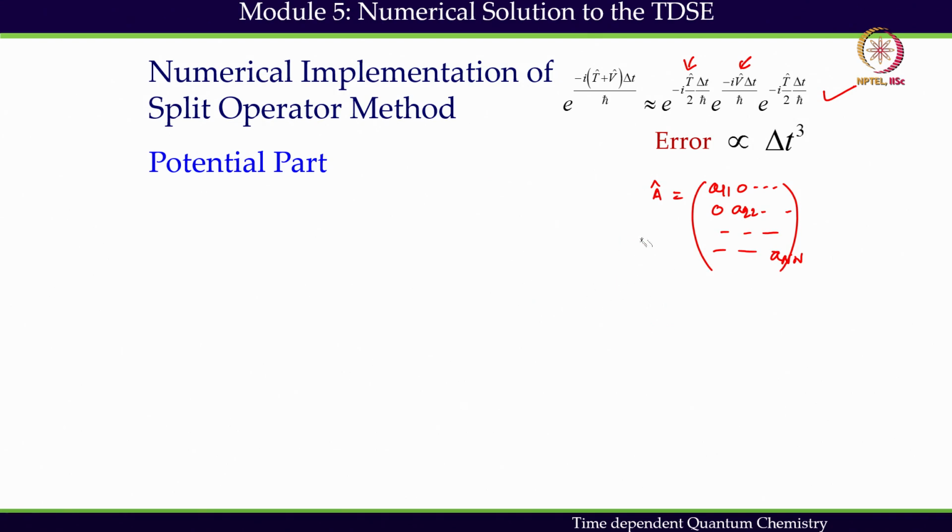We have to remember that we are using the grid representation to represent all these operators in the matrix form. In the position space, first we will deal with the potential part, because it is easy to deal with.